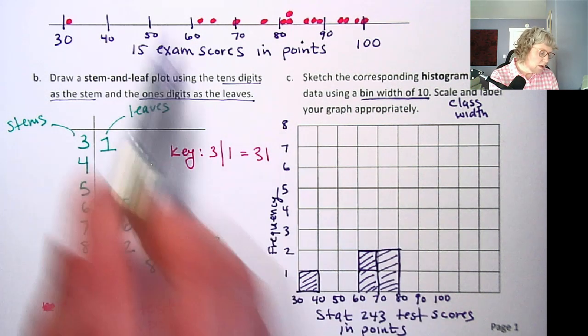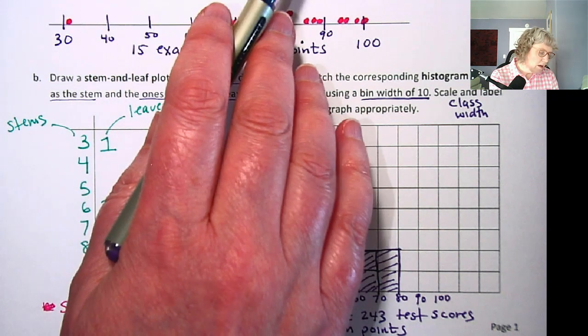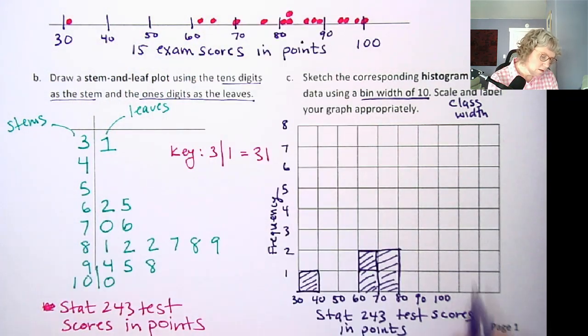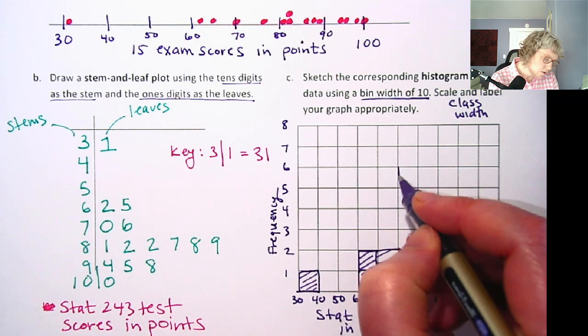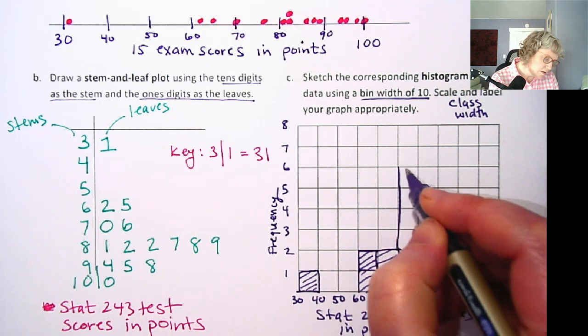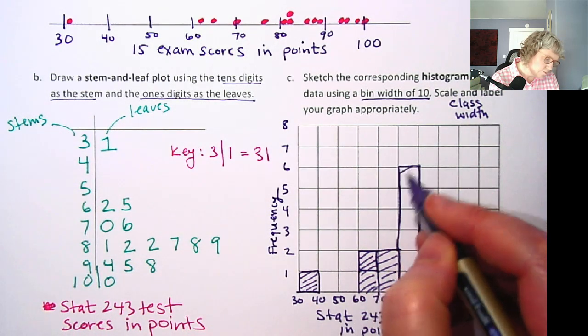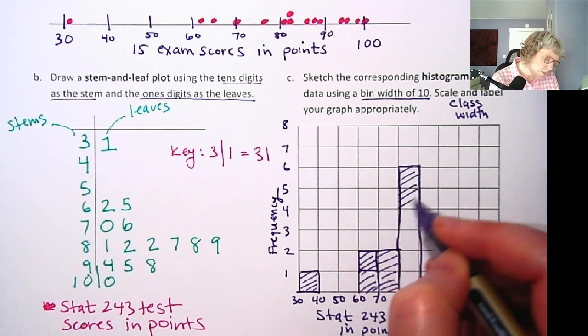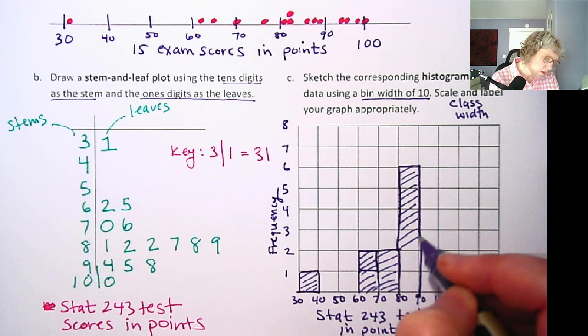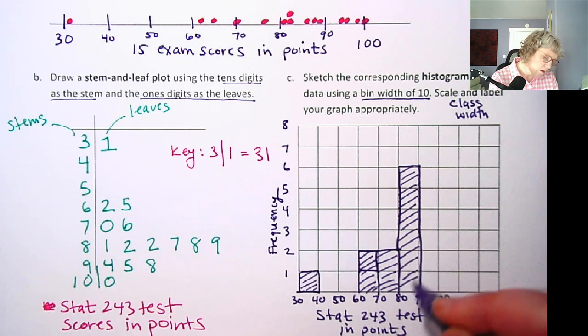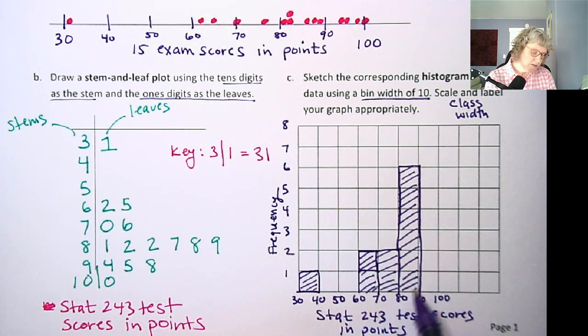Where am I on the 80s? 1, 2, 3, 4, 5, 6 80s. So I've got to go all the way up to 6 and draw this bar. Notice how the bar does say 80 to 90, but a 90 is going to go in the bar to the right.